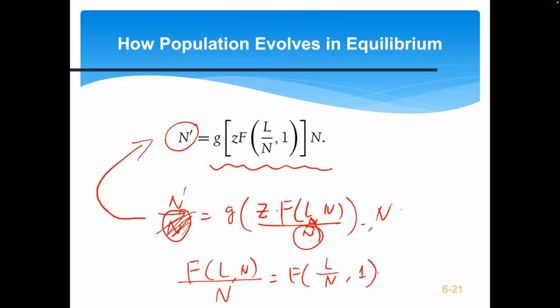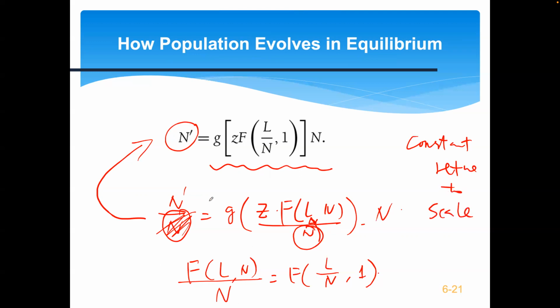This comes from what we call constant returns to scale. This is something we discussed in the firm's problem in the previous chapter. Similar story, but this is the assumption. If you don't get it, that's fine, but just remember that this is the assumption, called constant returns to scale.